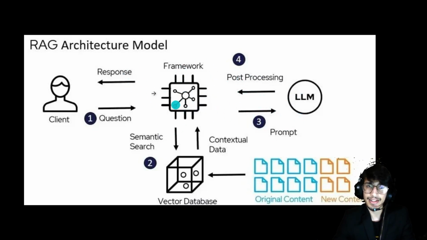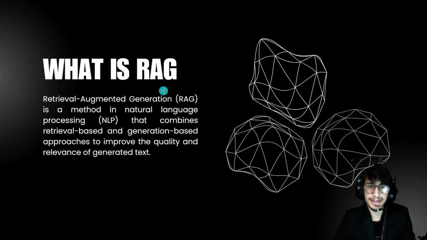So retrieval is from the vector database, and generation is by the LLM. These are the two parts of the RAG approach to improve the quality and relevance of generated text.